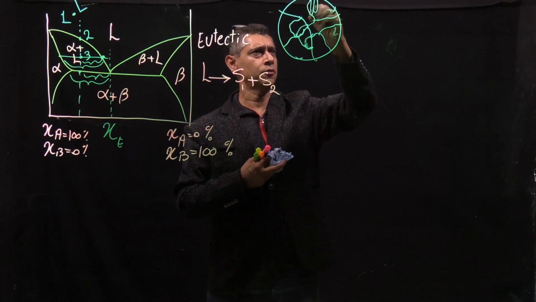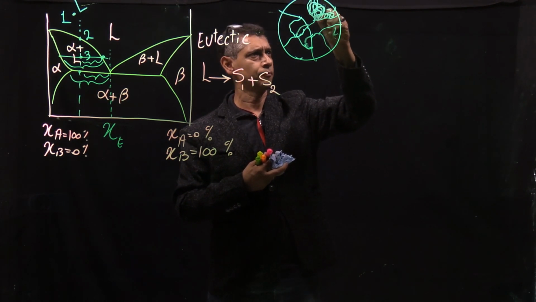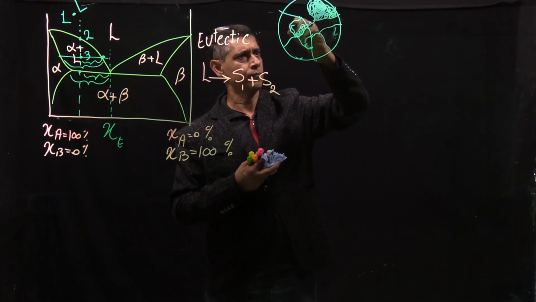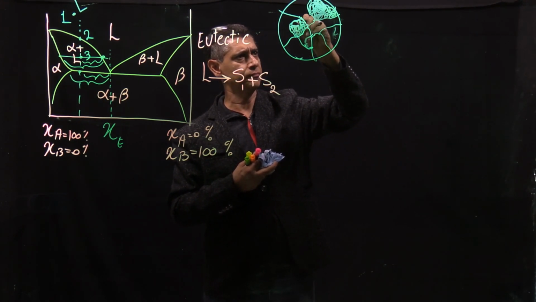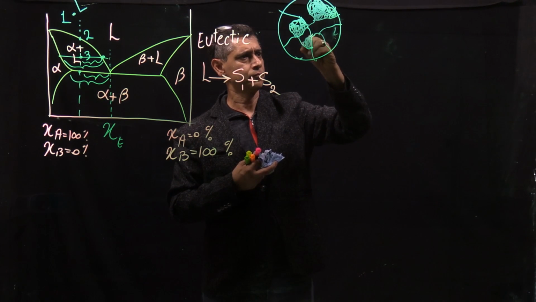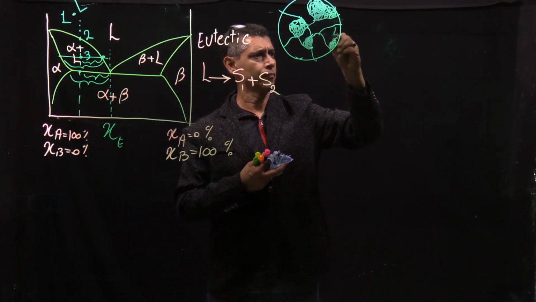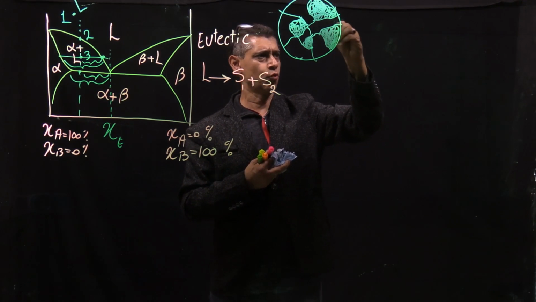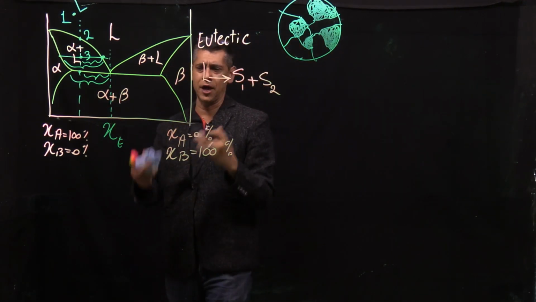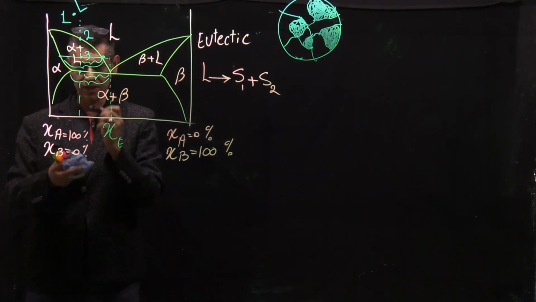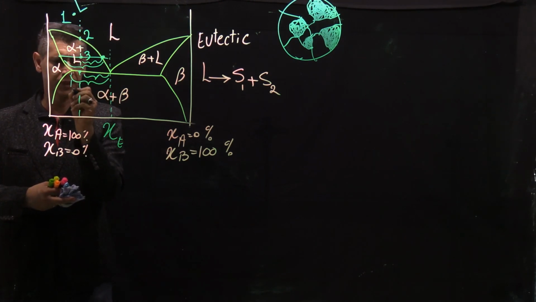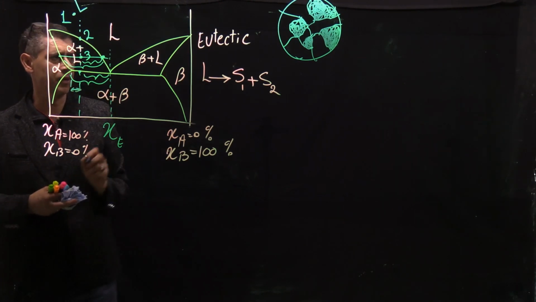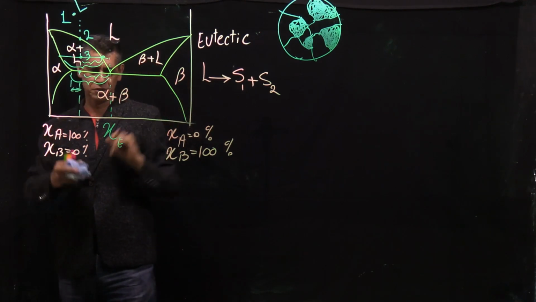So these are my solids forming in the structures. So what do I have remaining? It is liquid. I know exactly how many percent it is: this tiny region divided by the entire one, assuming this is correct.